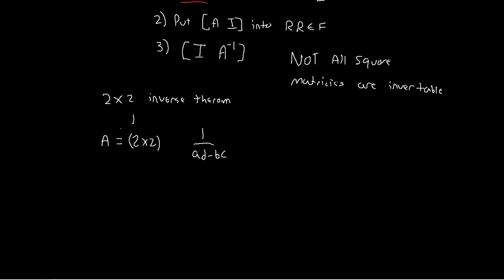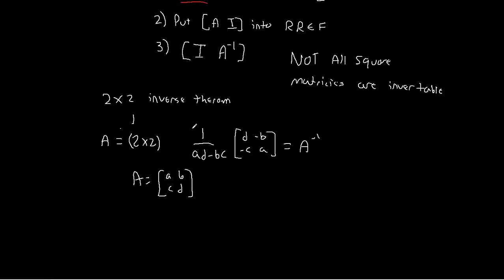The matrix is supposed to be D, negative B, negative C, A, where A equals the matrix A, B, C, D. This is the 2x2 inverse theorem. So if we have a 2x2 matrix, we can plug A, B, C, and D into this equation to get the scalar, move things around, do the multiplication, and we can get the inverse.